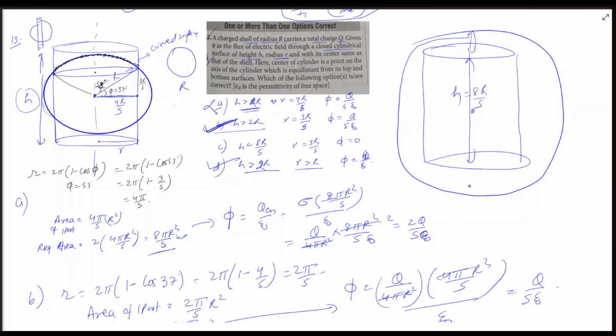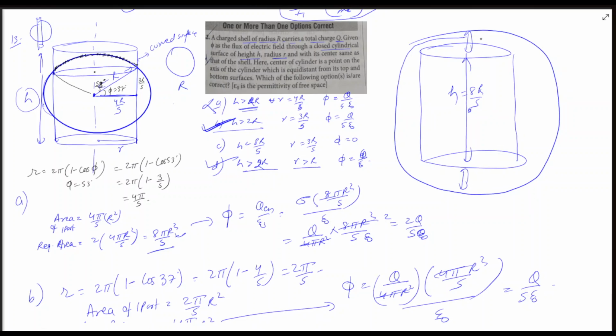So this part and this part will be left, because this total is what? This total is 2r, right? Similarly, this is 3r by 5. But this total is how much? It is r. So what will happen? The cylinder will be engulfed by our sphere. So there won't be any charge enclosed by the cylinder. So this option will be correct, because the flux will be 0, right?